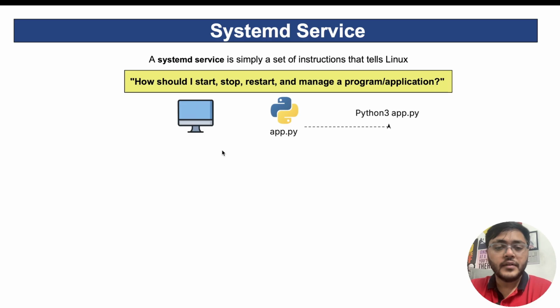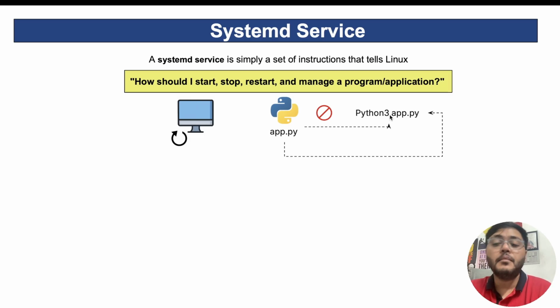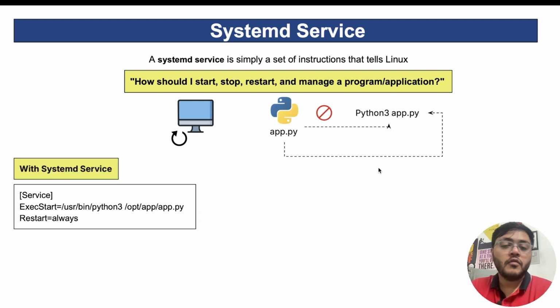But in future, your system gets rebooted, and when the system comes up, the system is up but your application is stopped. To start it again, you would manually hit the command python3 and the script. But with systemd services, we have these blocks, the unit file instructions, which we are going to see in a bit, and we will understand each and every block of the unit file.